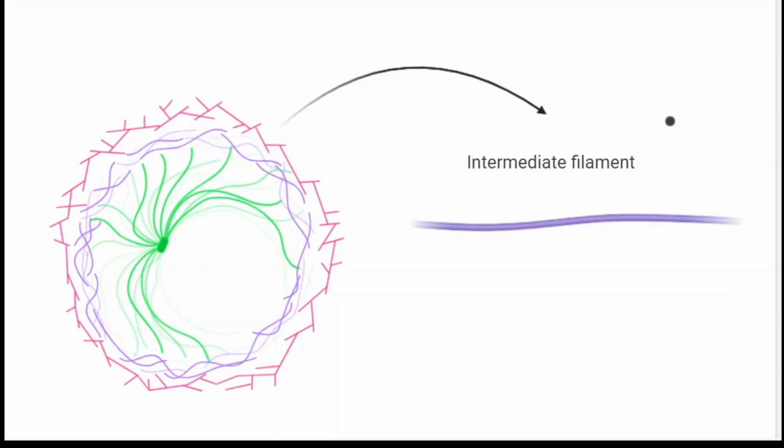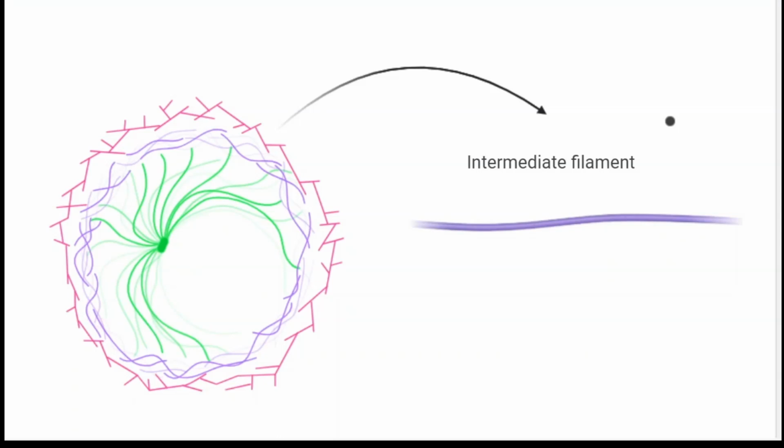So the diameter of intermediate filaments is about 8 to 12 nanometers. They are composed of fibrous proteins like keratins, vimentin, and lamin, but this depends on the cell type. They provide mechanical strength to cells and tissues. So this means that it maintains cell shape and integrity of the cell.